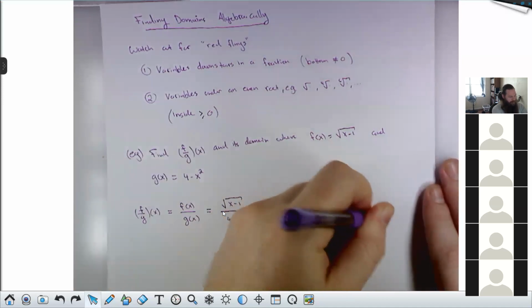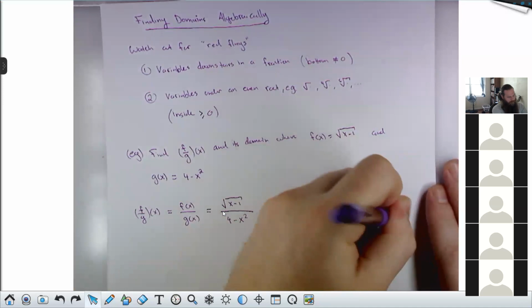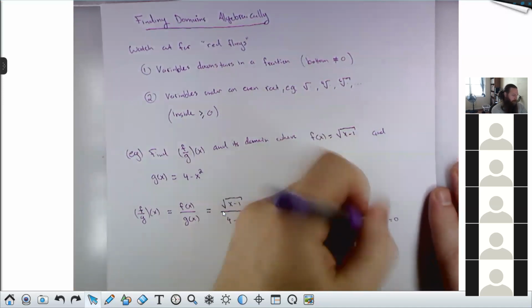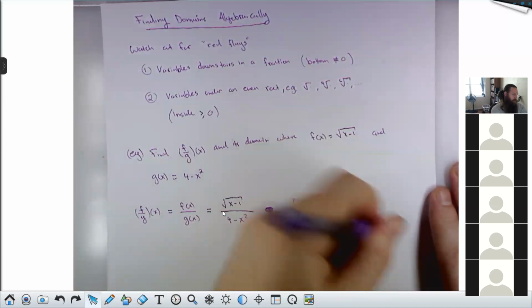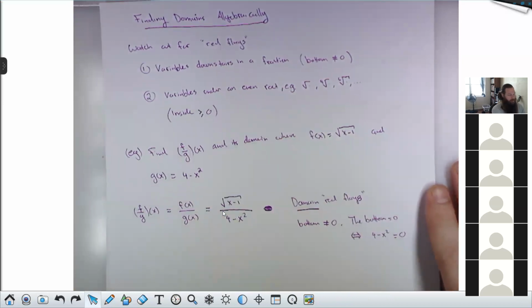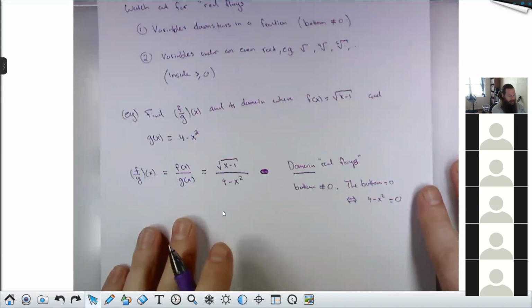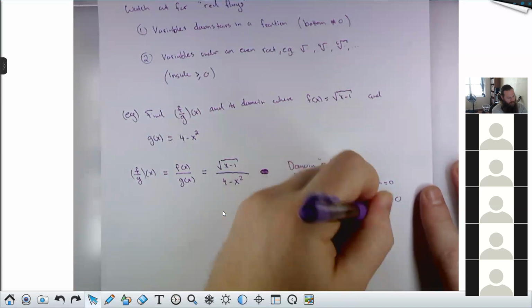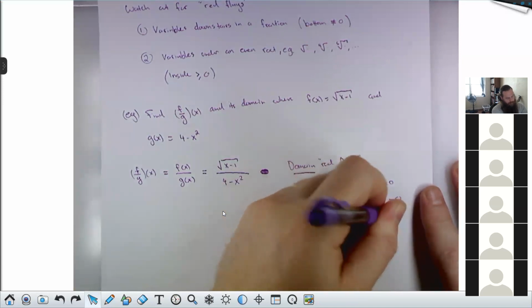The bottom equals 0 if and only if 4 minus x squared equals 0. And that's the same as saying that 4 is equal to x squared.